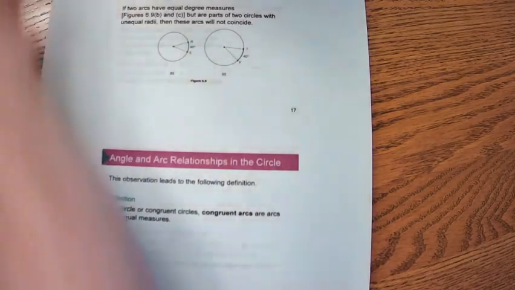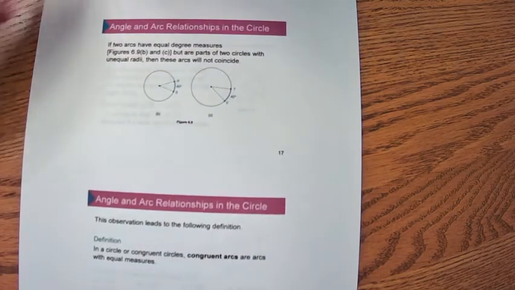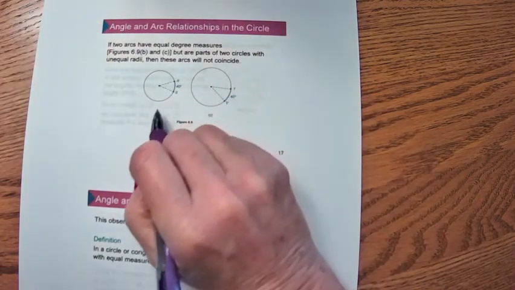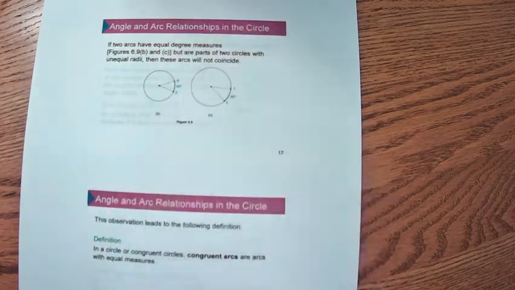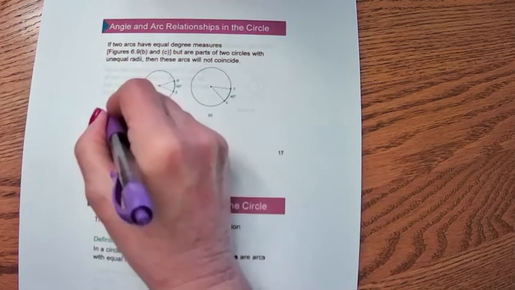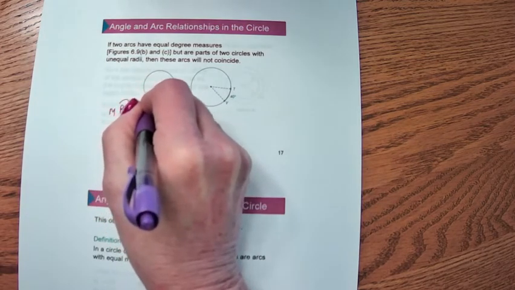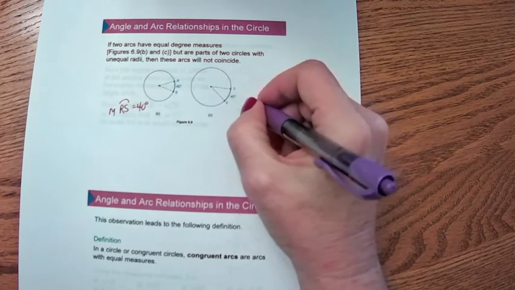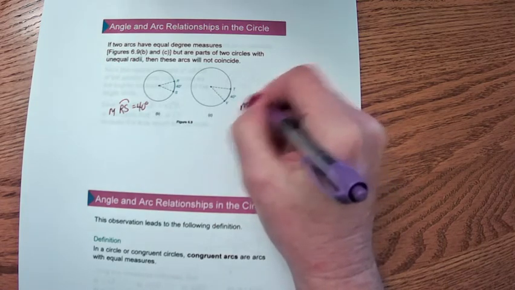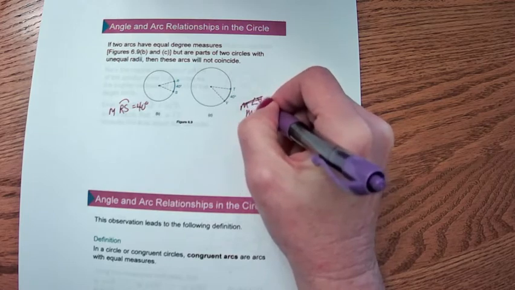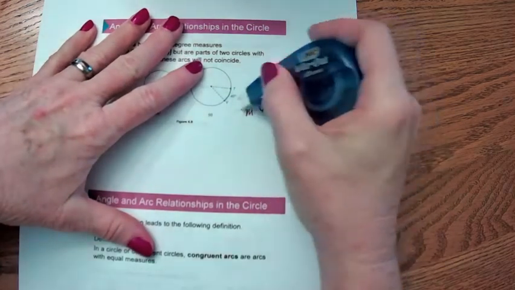Now here's the thing. If you're looking across 2 different circles, here I have a circle with an arc measure of 40 degrees. So the measure of arc RS is 40 degrees. And here I have a circle with the measure of arc VT also 40 degrees.